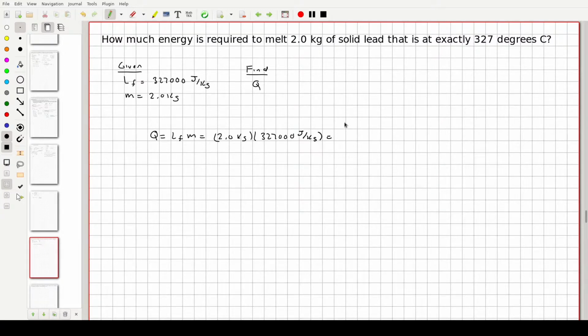And when you plug that into your calculator, it's 327,000 times 2, 654,000. Or, keeping to 2 sig figs, 6.5 times 10 to the 5th joules.